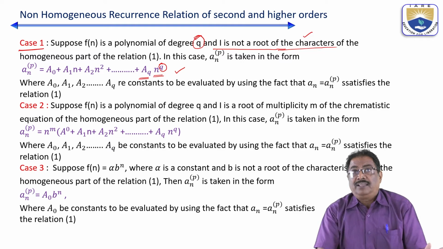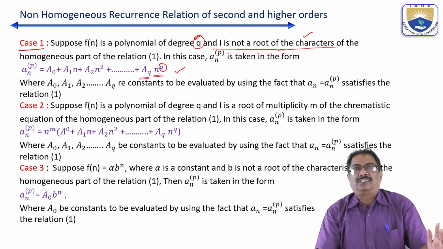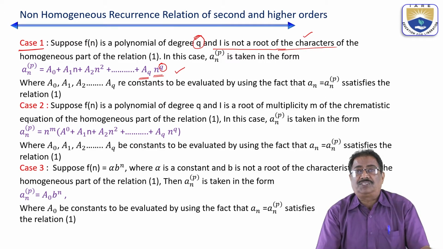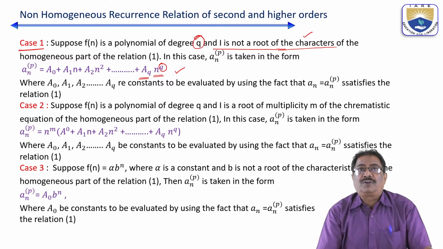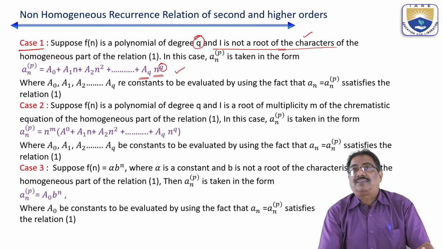Here a0, a1, a2 and so on, aq are all constants. Treat this as the solution for the given recurrence relation and substitute. Then we find the values of a0, a1, a2 and so on, aq, and substitute them into this expression. Whatever result we get is the particular solution.